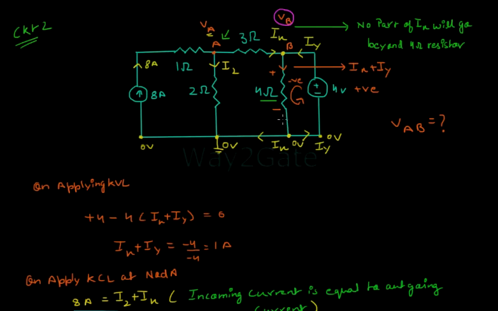As discussed before, VR is equal to 4 volt due to 4 volt supply parallel to 4 ohm resistor.